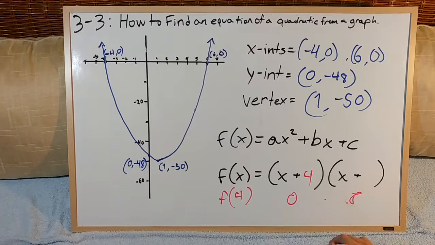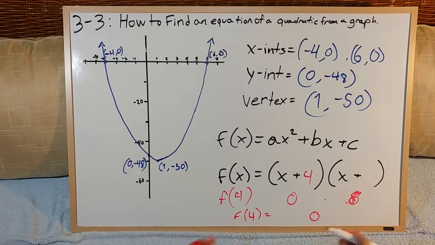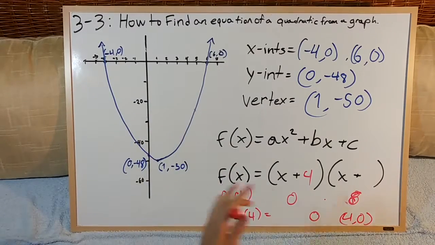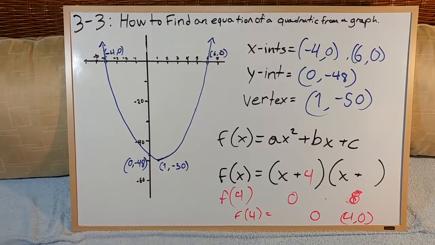We know that if we multiply these two together, it will give us 0. So, as an example, f of 4 would equal 0, meaning that (4, 0) is an x-intercept. That was just an example. It wasn't really related to this graph. I was just saying it because this is what we will do later on.